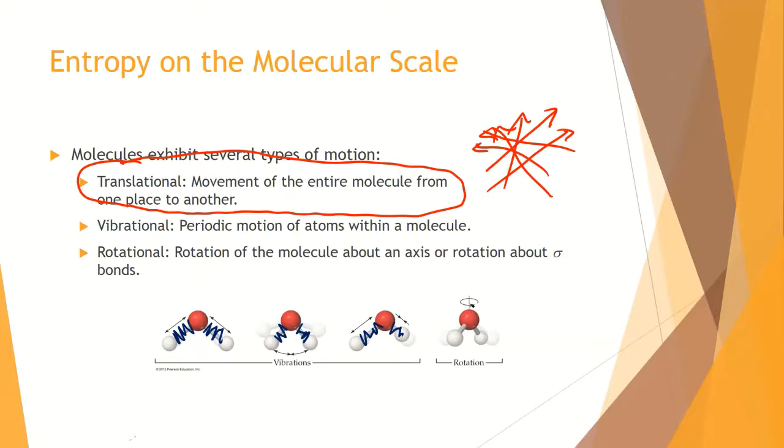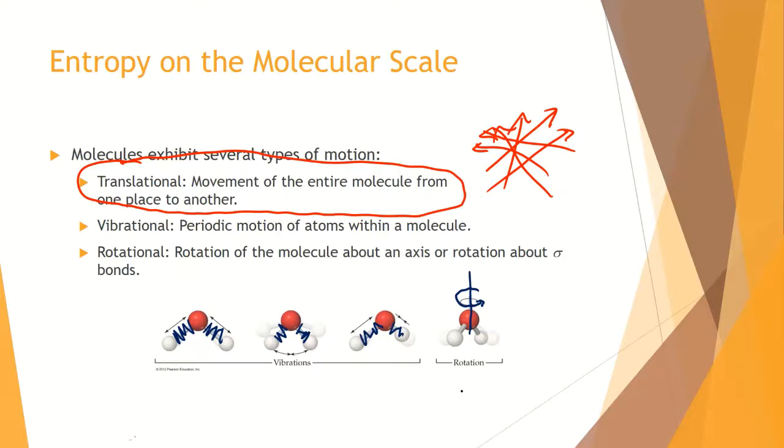We also talk about molecular motion in terms of rotation. So looking at this water molecule, can this water molecule rotate around this axis and spin around in a circle? And the answer is yes. And so obviously, the more complicated the molecule is, the more rotational variation is going to exist.